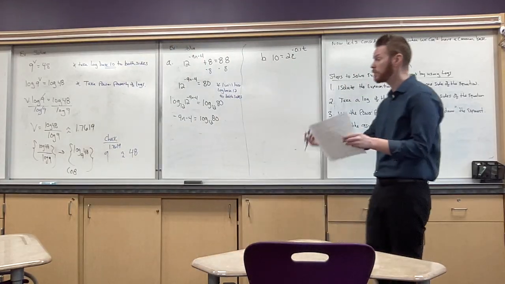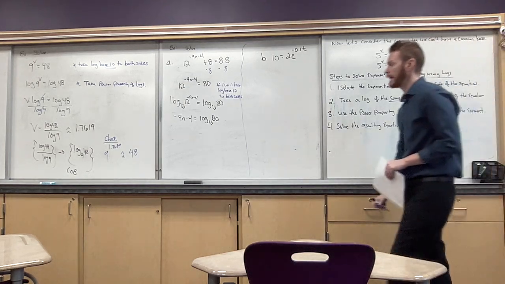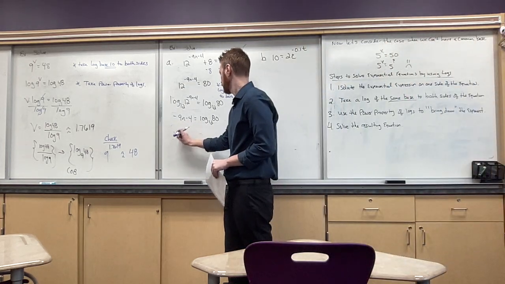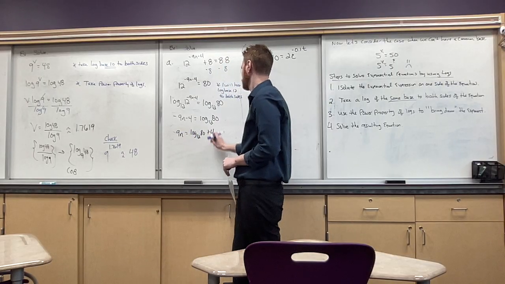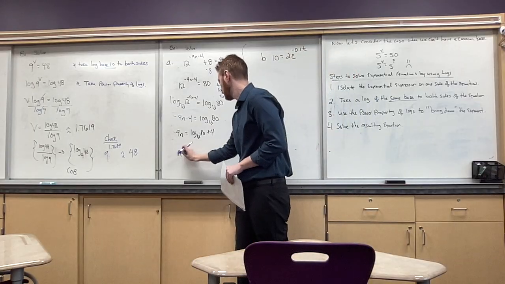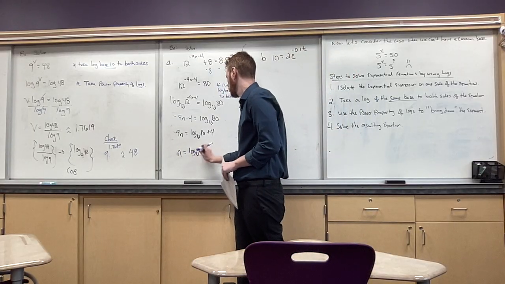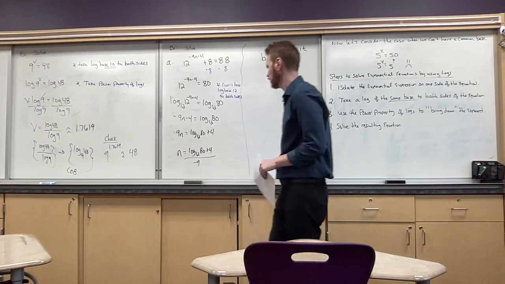And now we just solve for n, like a normal equation. So I'm going to add 4 to the other side. And then my last step, divide by negative 9. Okay, there's my answer.